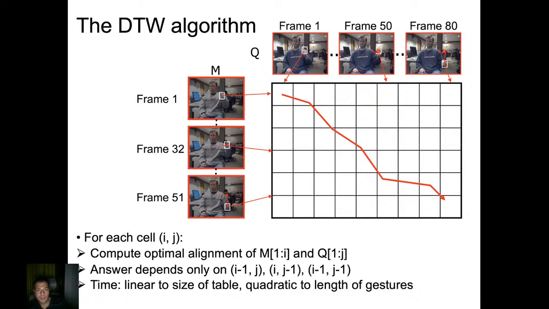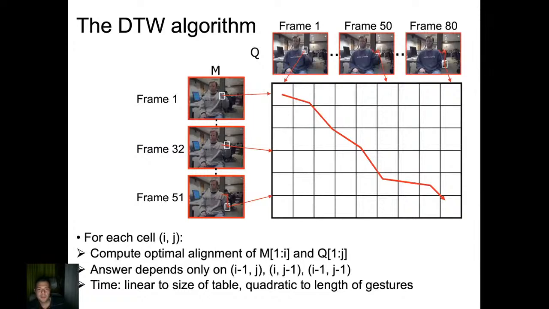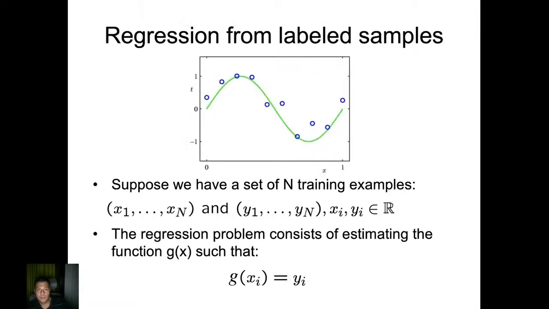Okay, so the computational time is linear in the size of this table, or quadratic in the length of the gestures M and Q. So it is a bit computationally expensive to compute, considering that you have to compute this with respect to every gesture video in your training database.